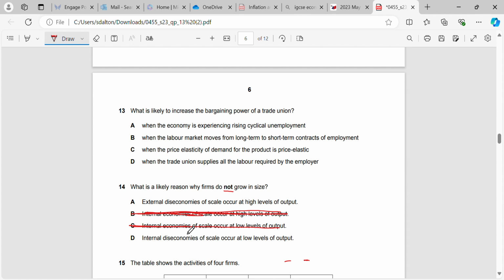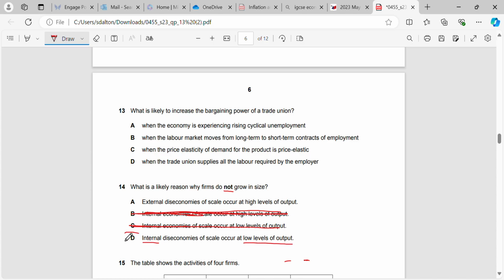Now, if we have diseconomies of scale at a high level of output, that still may make it very difficult for us to grow in size. But it's not going to make it as hard as if we have internal diseconomies of scale at low levels of output.